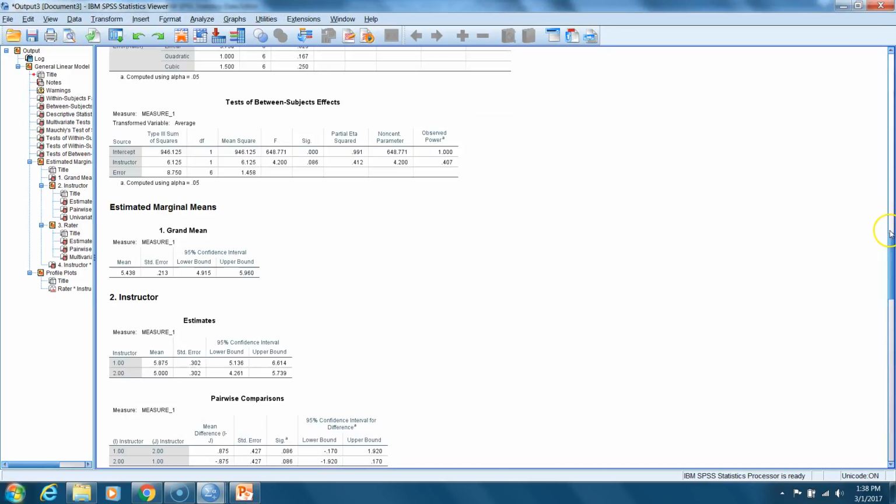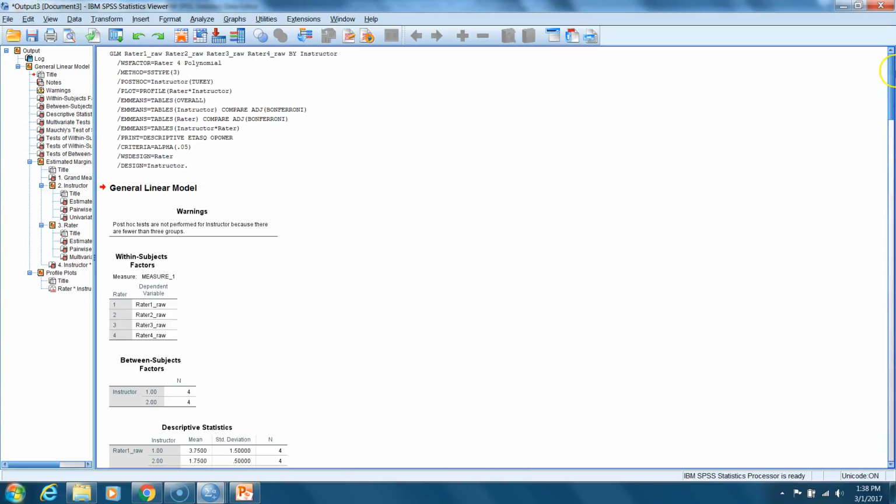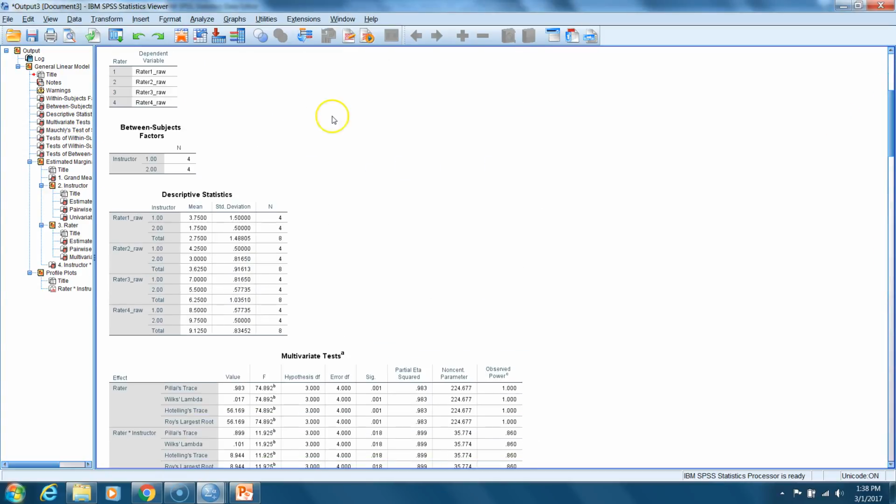And I'll go back up. We have our 4 raters, we have 2 different instructors. Descriptive statistics are broken up, rater by instructor. We can even start eyeballing the difference. If you're one of my students, you know that I start to look at means and standard deviations as little mini t-tests or confidence intervals just to start giving me an idea of whether I think there should be a difference or not.